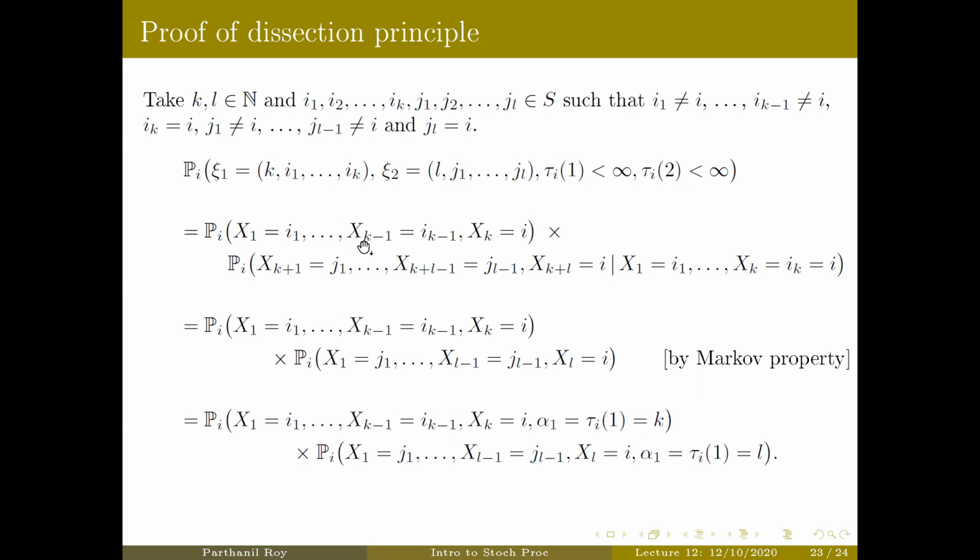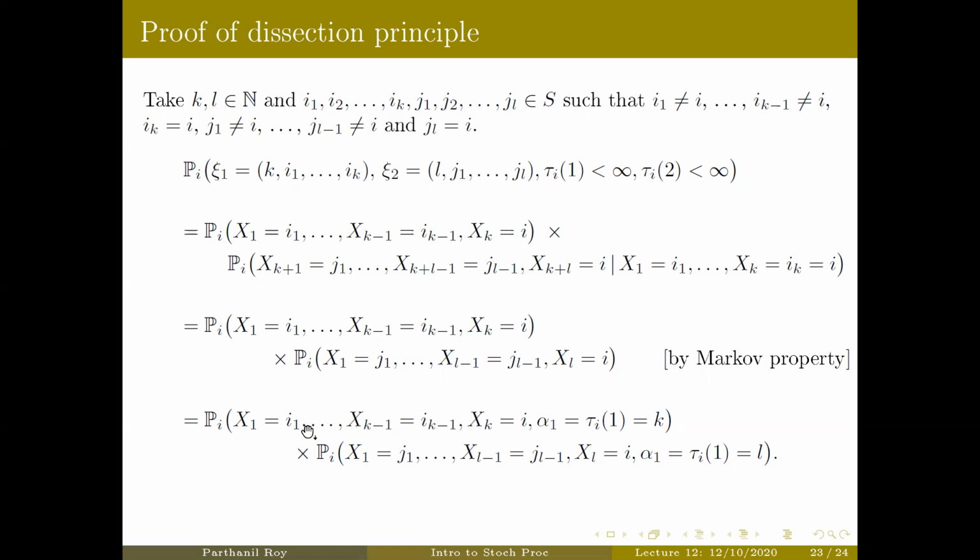Now, of course, because of our choice of the states, I can forcefully add alpha 1 equal to k, and here again alpha 1 equal to L. So this is again both of them. Note that both statements are now all about starting from x1 to xk, and here it's x1 to xl.